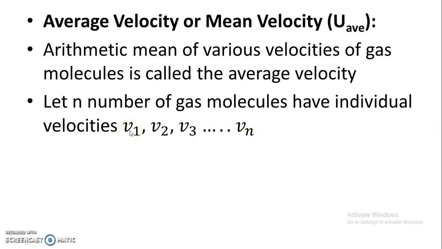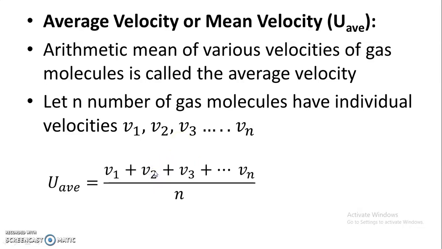Now the average velocity is equal to v1 plus v2 plus v3 plus v4 and so on up to vn, upon n. So the sum of individual velocities of all the gas molecules upon total number of molecules gives the average velocity.